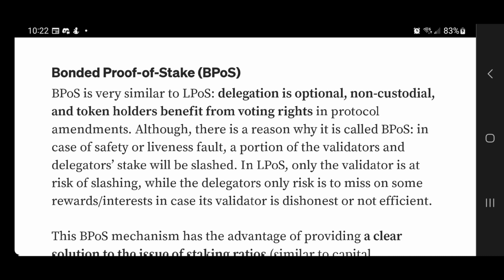In liquid proof of stake, only the validator is at risk of slashing, while the delegator's only risk is to miss out on some rewards interest in case the validator is dishonest or not efficient. So then, to me, that clearly tells us that it's very important that we're choosing the right validator, or delegating our tokens to a good validator, because our stake is at risk if they are penalized. So extremely important to understand where you're staking your tokens in this environment.